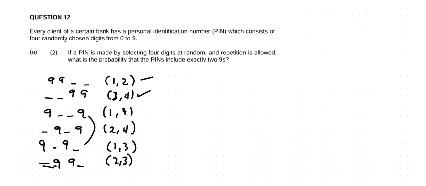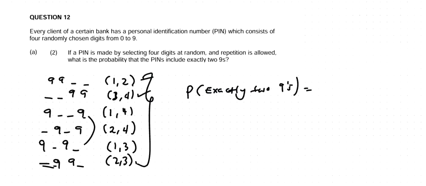In terms of the diagram, it is just there for you to understand. But the number of positions we can have is 6. So the probability of the 2 nines would then be equal to the number of ways in which we can arrange the 9s, which is 6, over the total, which is going to be 10 to the power of 4.